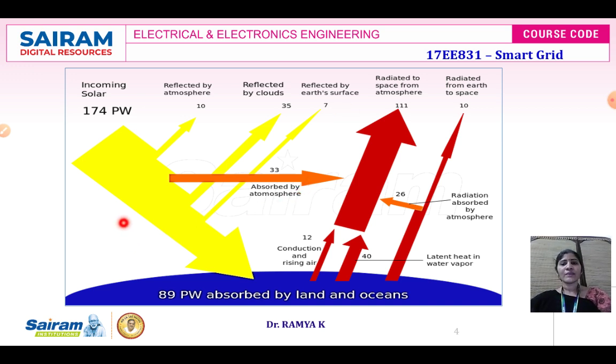So like this, the 174 petawatts of power is distributed: absorbed by land and oceans, reflected back to the atmosphere, and reflected by the clouds. This diagram shows the power absorbed and reflected by the clouds, atmosphere, and land and ocean.